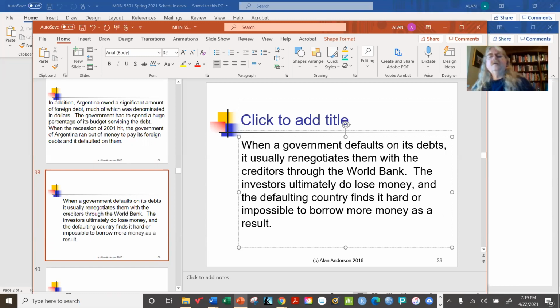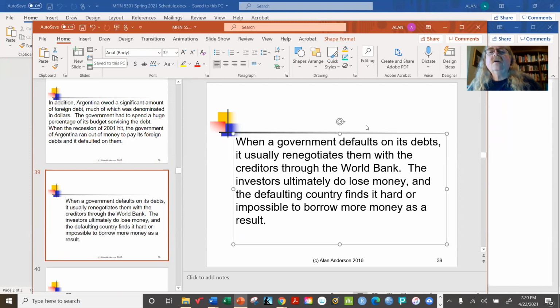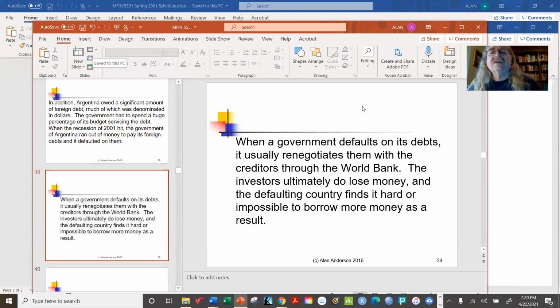In other words, from that point on, nobody in their right mind is going to buy Argentina's bonds, all right, because they know what just happened. They're like, well, where am I throwing away my money? So they, of course, being Argentina, also had massive budget deficits that had to be covered. So they were running into a lot of problems.